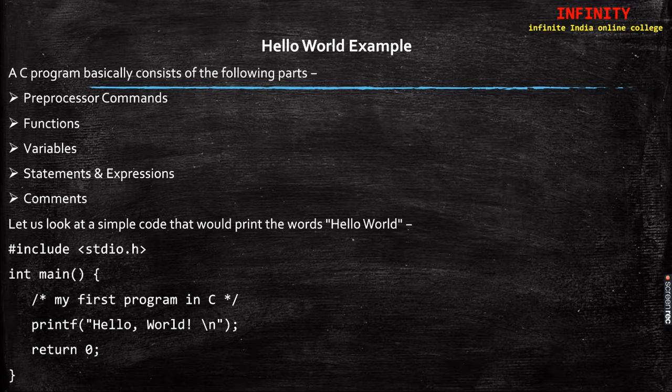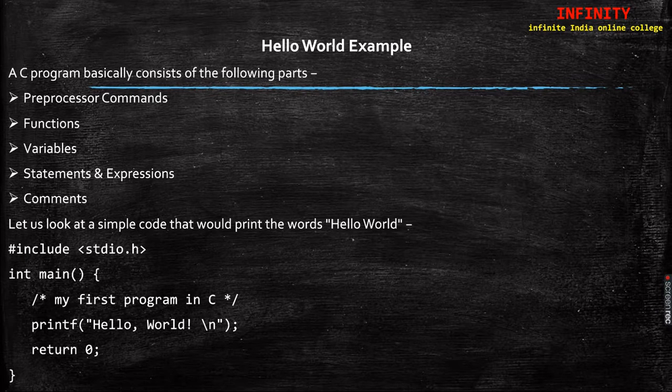When we try to compile a program, preprocessor commands are executed first and then the program gets compiled. Every preprocessor command begins with a hash symbol. Here you can see the hash symbol before include. Hash include stdio.h, with the hash symbol, is the preprocessor command.